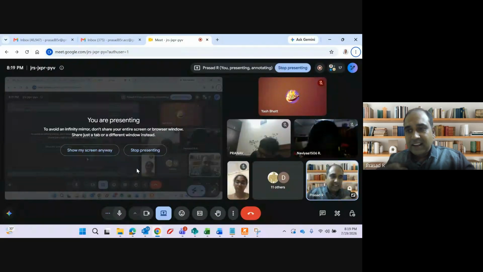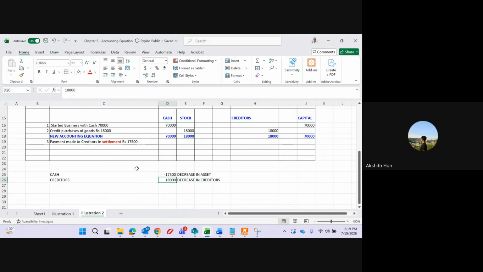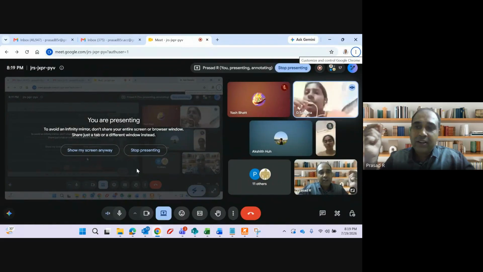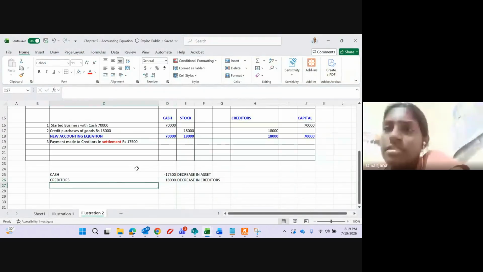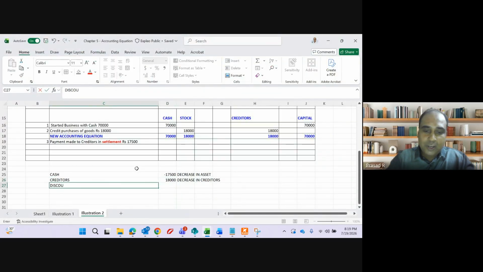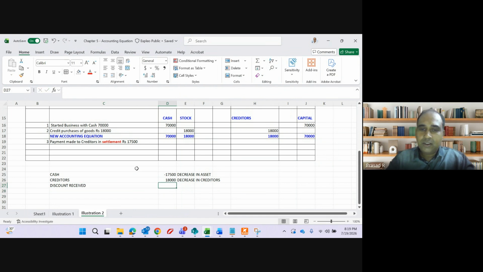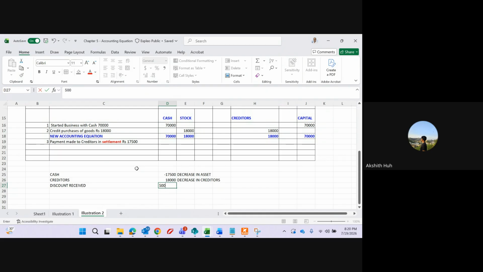That means now I am paying 17,500 instead of 18,000. What happened to the remaining 500? The remaining 500 is discount given by the creditor to me. We call it discount received. How much discount received? 500 rupees.